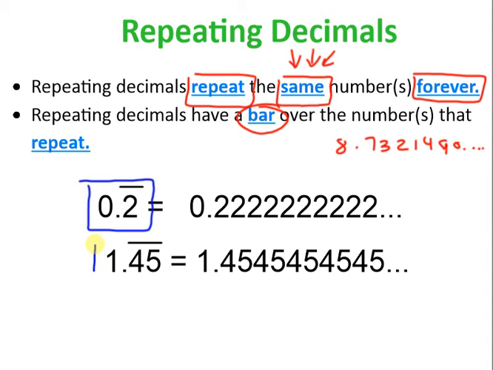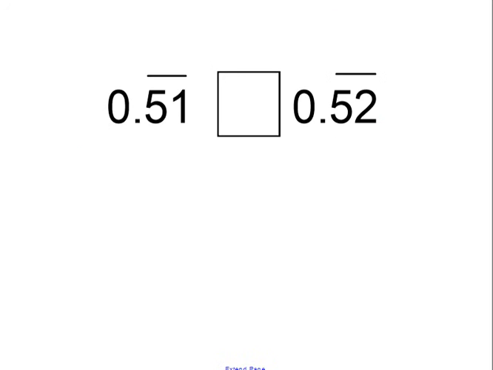Now this one, 1.45 with a repeating bar over the 4 and the 5, means that the 4 and the 5 repeat forever. So it's 1.4545454545, and it never stops. It repeats forever and forever. Okay? So given that, let's try comparing decimals that repeat.